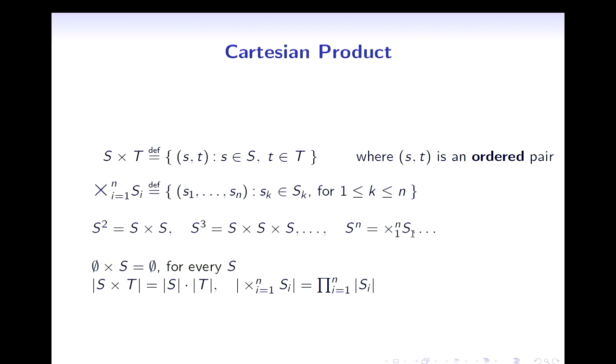elements, for an arbitrary number n. When we apply this definition to a boundary case, you would see that the cross product or the Cartesian product of the empty set and an arbitrary set will always be the empty set. And this is important to understand why this is the case.